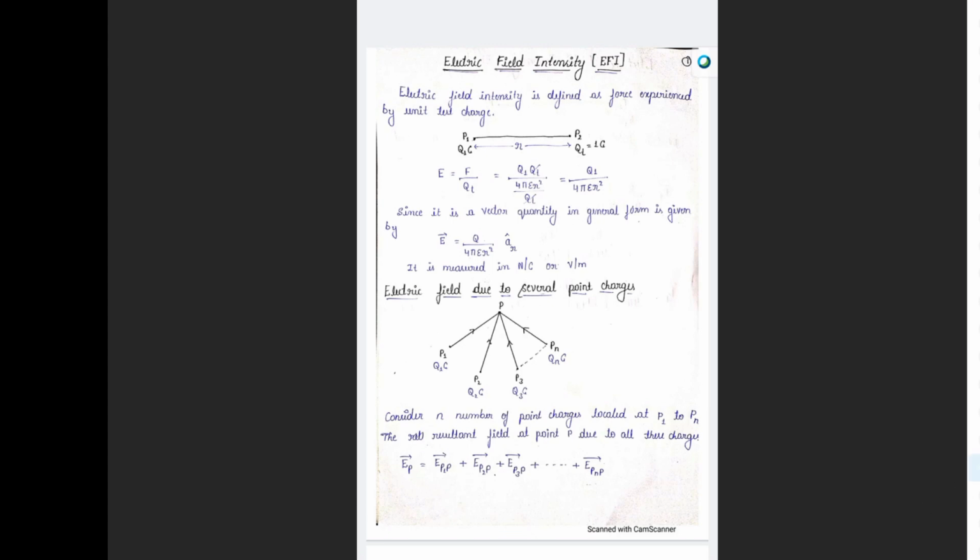Now we have to define here. Electric field intensity at the point P2, if you want to calculate, is defined as force per unit test charge. At P2 you are calculating electric field intensity. So electric field intensity is defined as force per unit test charge, that is F divided by QT.